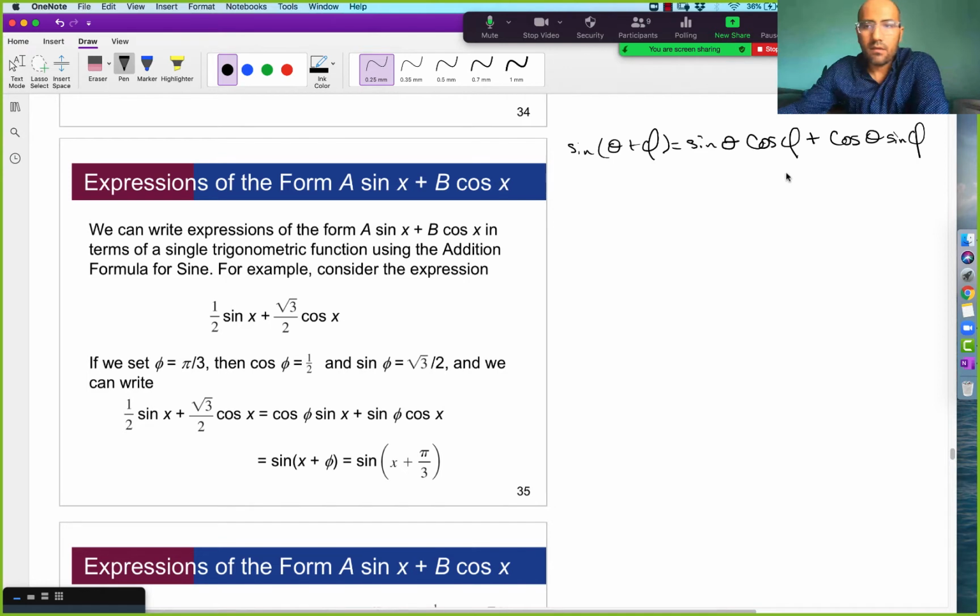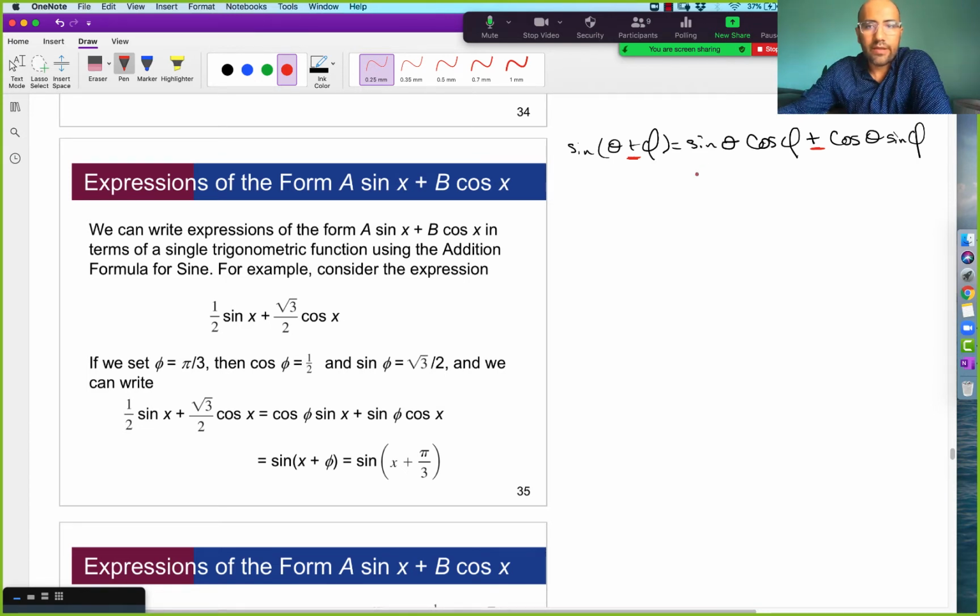And if we have a minus in here, then we'd have a minus in here. That's really the way it works. So we want to use this formula, and it kind of fits this form right here, except maybe things get switched around a little bit.